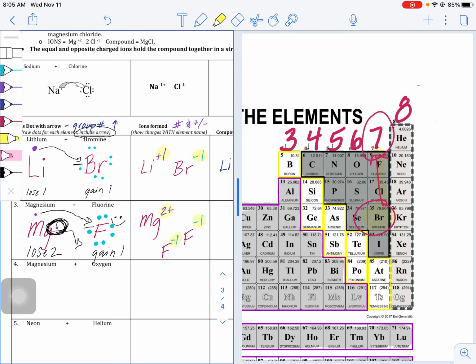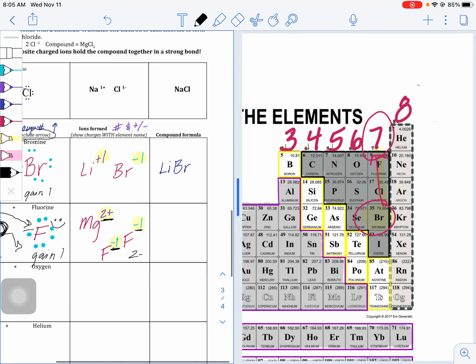So now when I look at my charges, here I have a 2 plus, here now I have 2 1 minuses. So that totals up, and my charges are balanced and ready to be completed. This time when I write it out, I record it as Mg, because I have one of those, F2, because I have 2 of those.